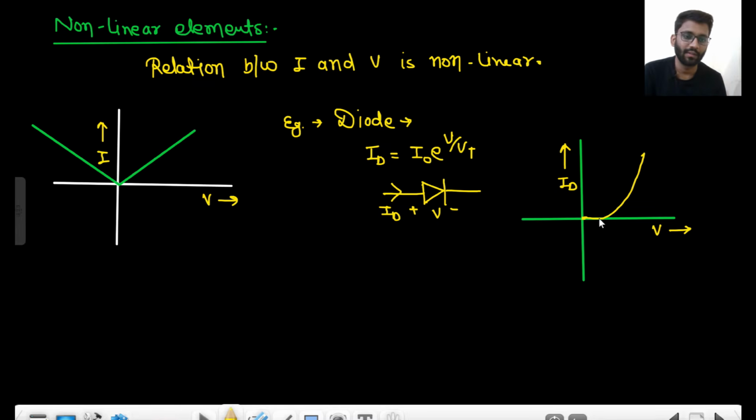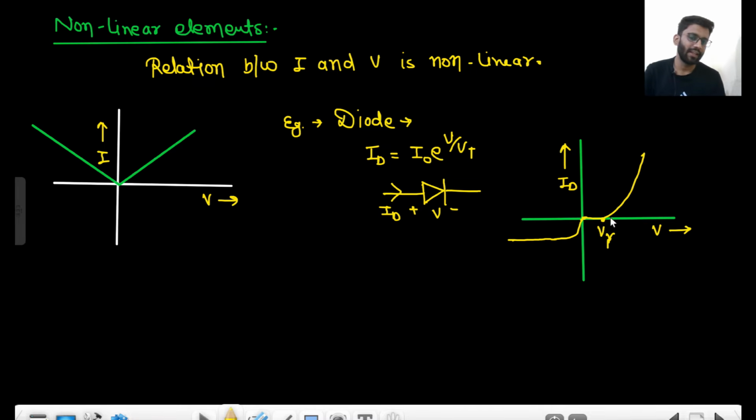We call it VT. No, this is not VT, sorry, this is V gamma, the built-in potential. And talking about the reverse bias, there is always a reverse saturation current.